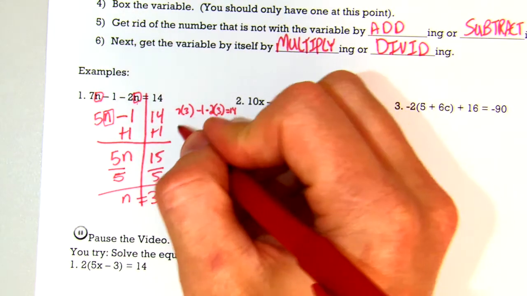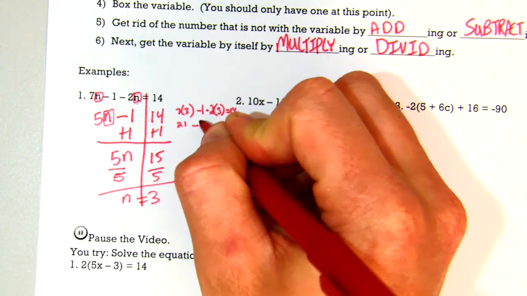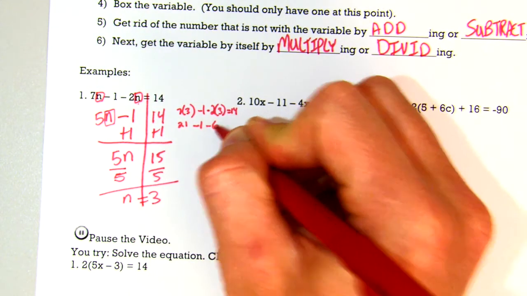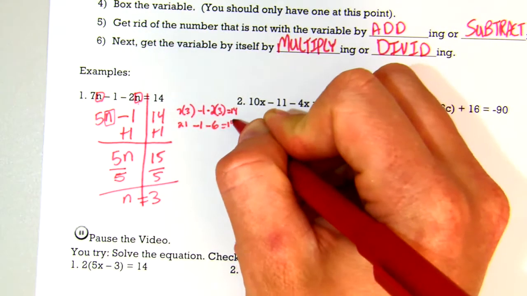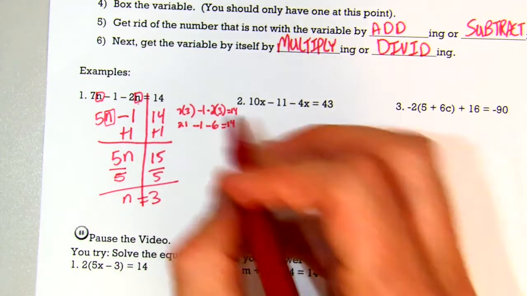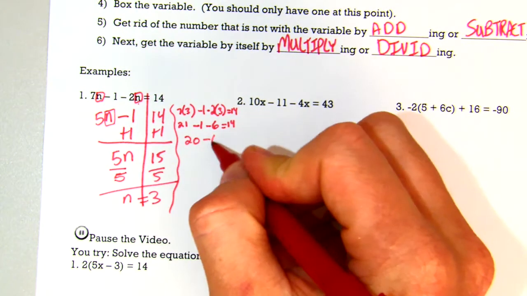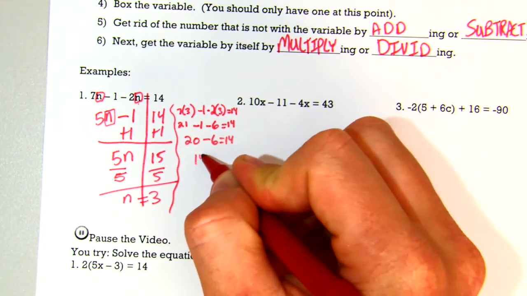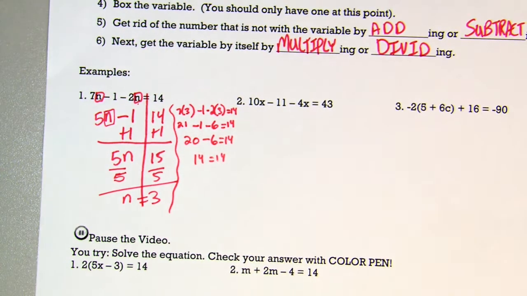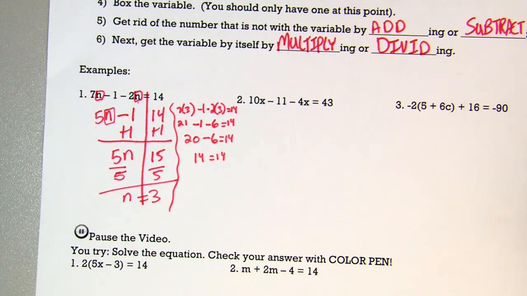Okay? So 7 times 3 is 21, minus 1, and then minus 6 is equal to 14. 21 minus 1 is 20. And then minus 6. And yes, 14 does equal 14. So it does work out that n is equal to 3.